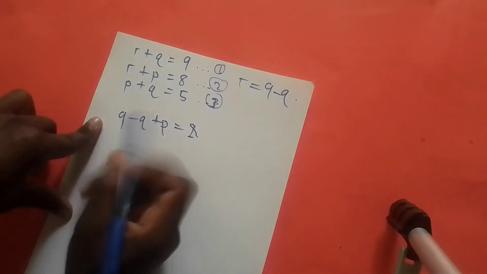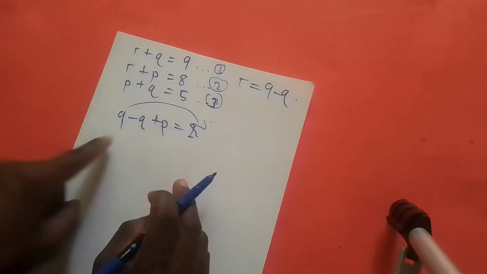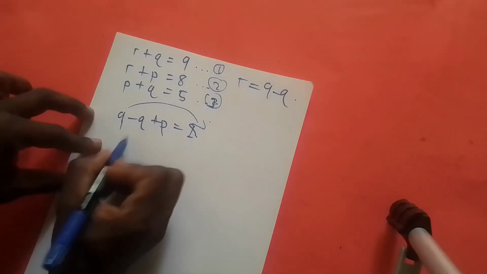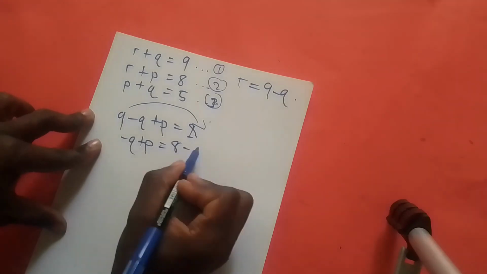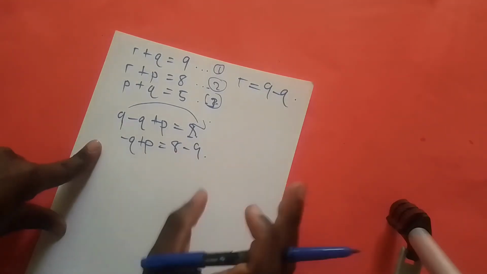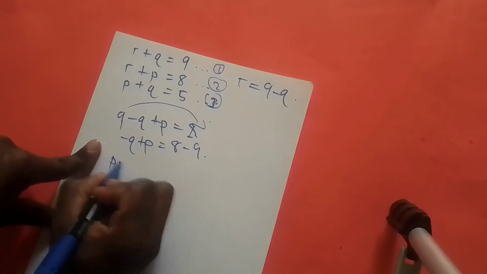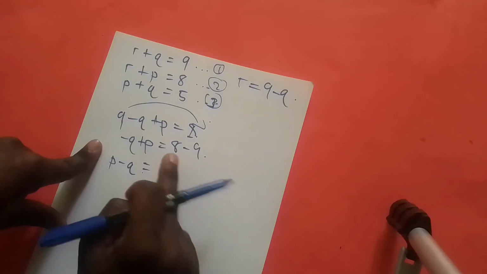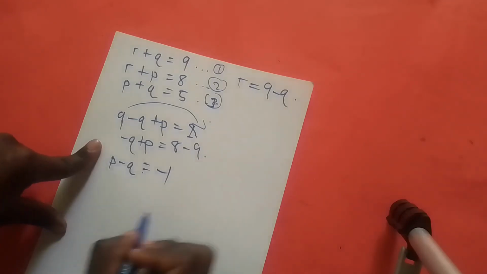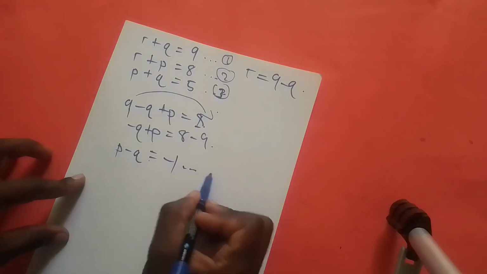Simplifying, 9 flies across the equal sign and becomes negative 9. So negative q plus p equals 8 minus 9, which is negative 1. Negative q plus p is the same as p minus q, so p minus q is equal to negative 1. This is now the new equation 2.